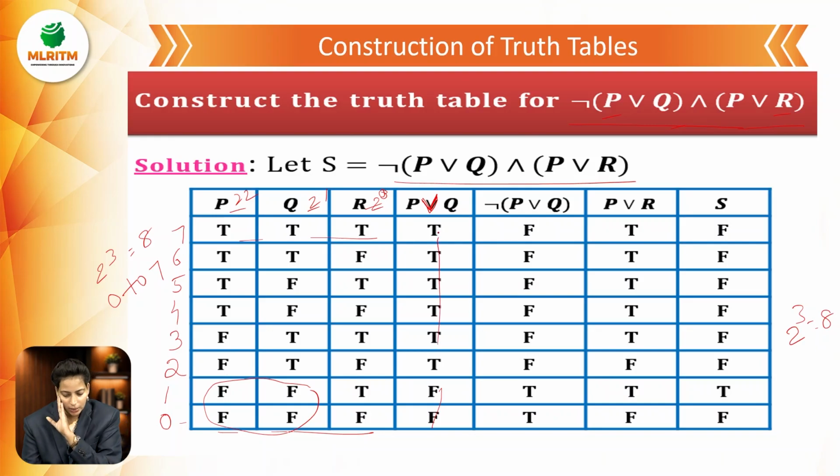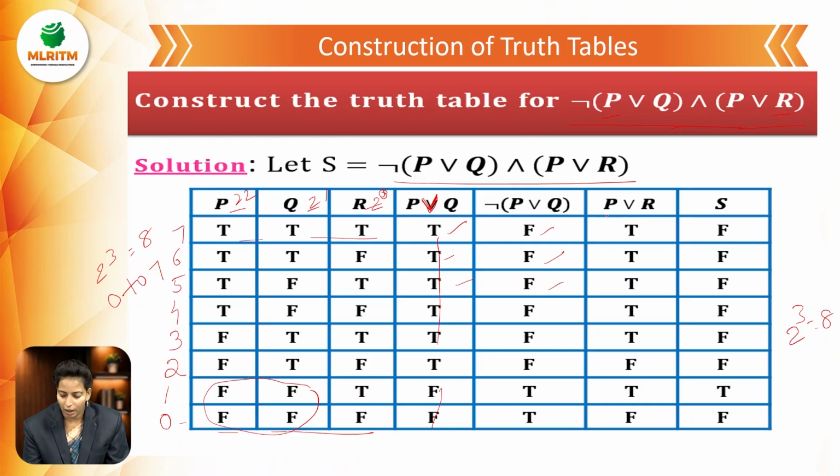Next, negation of (P or Q). Already we solved P or Q. Negation means if P is true, then negation P is false. Last class this was already discussed, right? So if P or Q is true, then negation of (P or Q) is false. Like that, we are constructing negation of (P or Q).